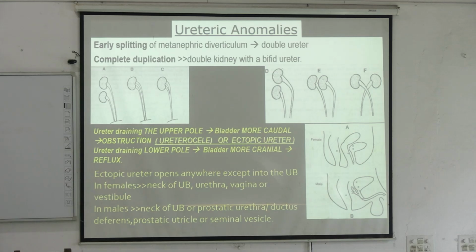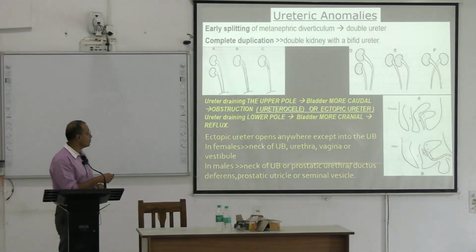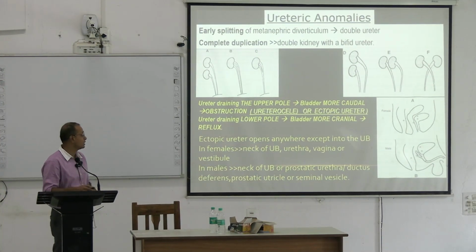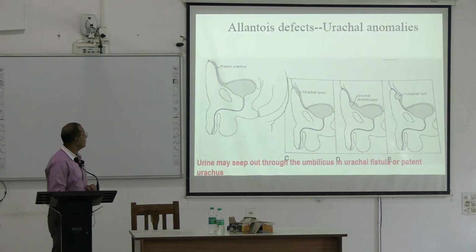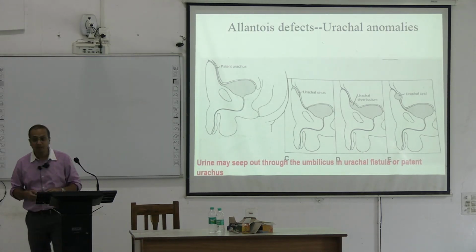Those renal veins and arteries may interact with the ureter, may compress it, and may cause the same problem, hydroureter and hydronephrosis. So these problems related to the ureter may be there. What you have to keep in mind is where the ureter develops from. The ureter develops from the ureteric bud.